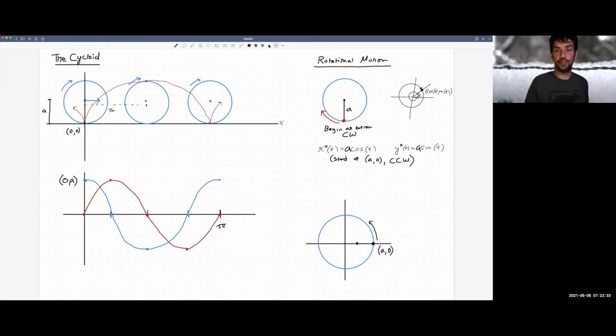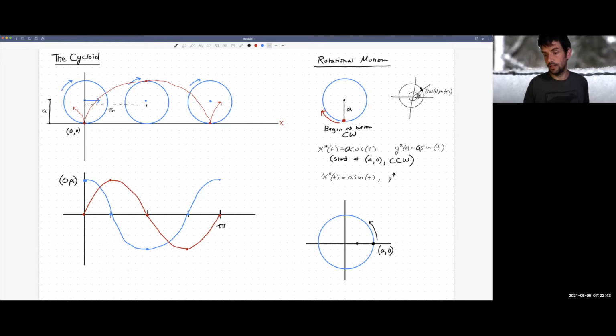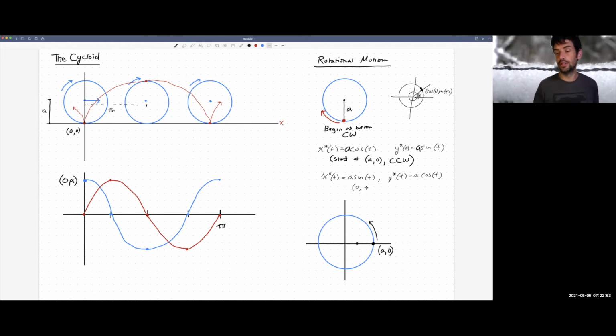What if I were to just switch and make x equal to a sine t and y equal to a cosine t? Now at 0, the x coordinate is 0 and the y coordinate is a.